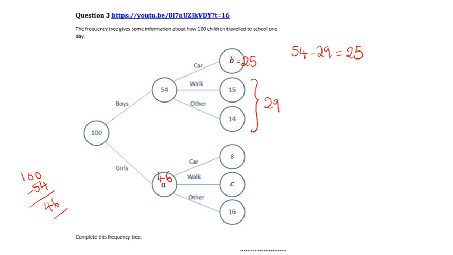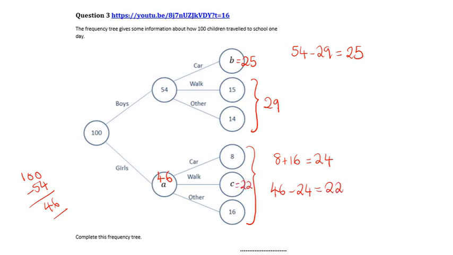I come down here to the girls, and I've got 46 girls. At the moment, I've got these 3 numbers need to add up to 46. So 8 plus 16 is 24, and I need to do 46 take away 24 to work out what C is. So 46 minus 24 is 22, and that goes in there.